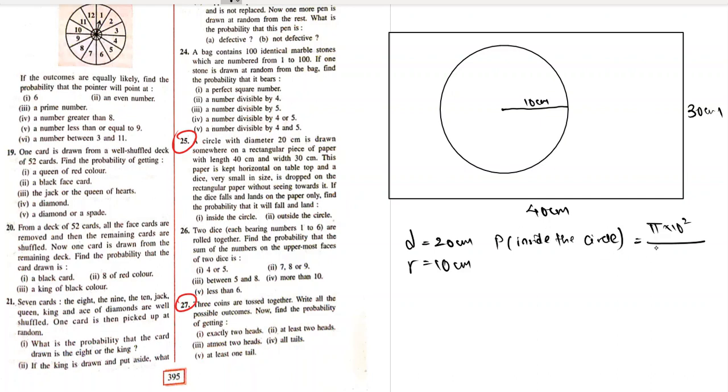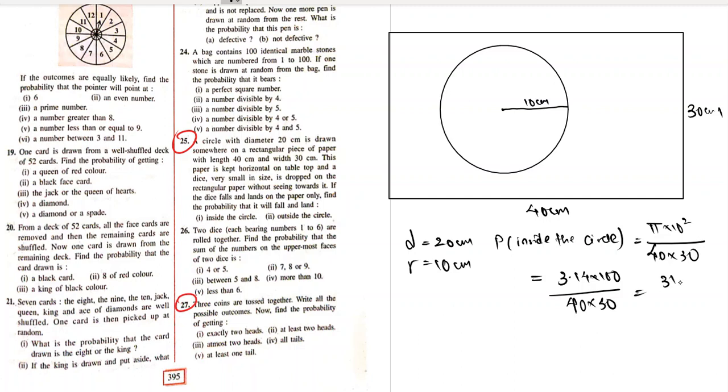So area of the paper is 40 into 30. So that's the probability of falling the dice inside the circle. That is 22 by 7 into, or we can write it 3.14 also. Not a problem. Let's write 3.14. Why we are doing this? 3.14 into 100 upon 40 into 30.